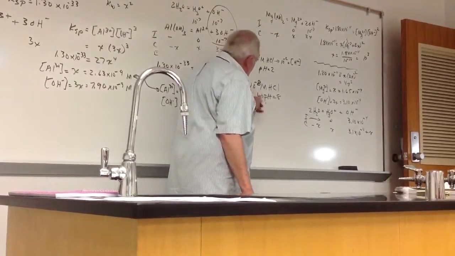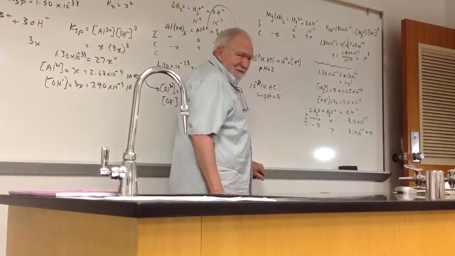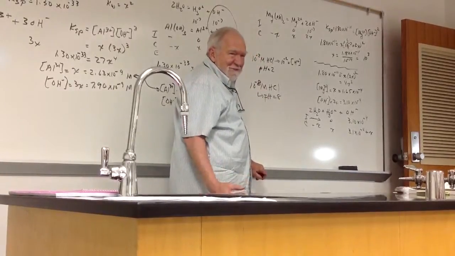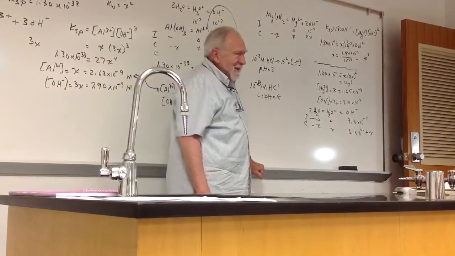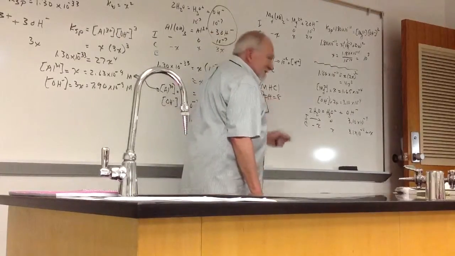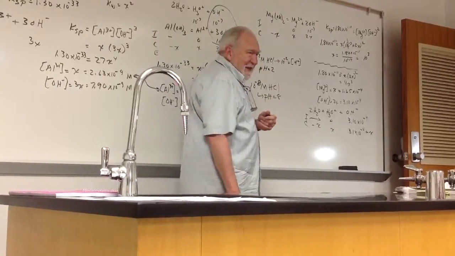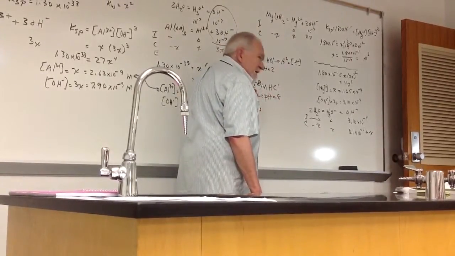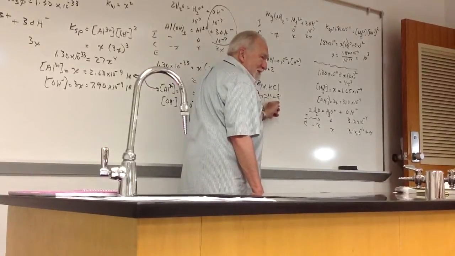Then I gave you this problem, and I led you up to this, and not too many people got it, because anytime I get to something really easy, they say, there must be a trick there somewhere. And somebody hollered 10 to the minus 8. I did hear one person say it, usually about 3 or 4 people say it. And what's wrong with that? 10 to the minus 8, or pH 8, is a basic solution.